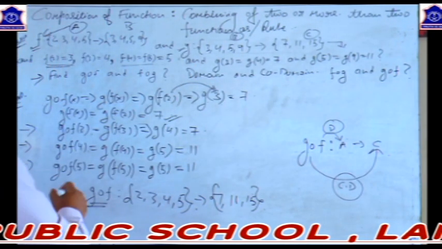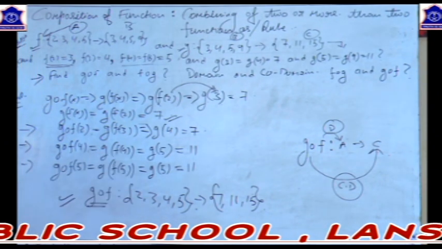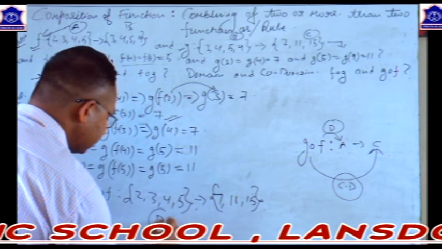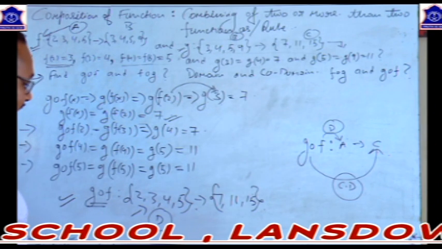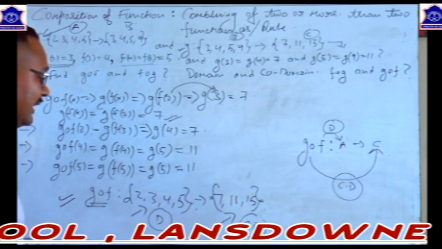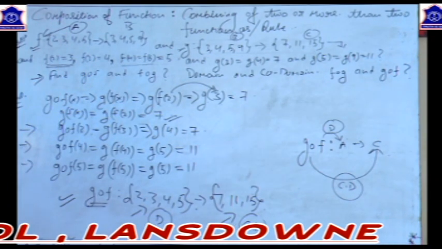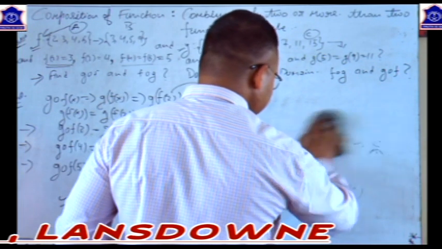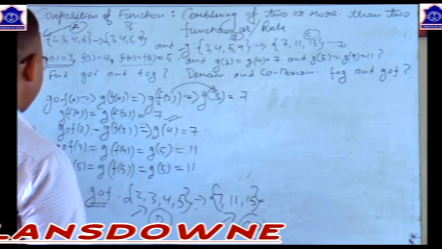So yes, this composition exists and it is valid. It has a domain, this set 2, 3, 4, 5, and it has a codomain, this set containing 3 elements 7, 11 and 15. So now we are going to check for another composition, that is fog.